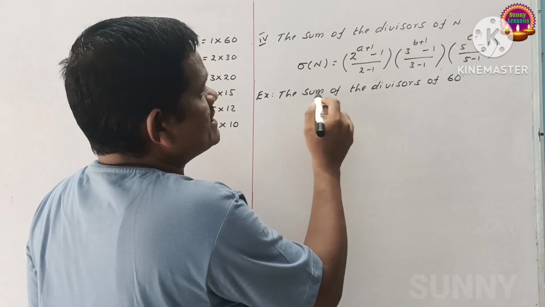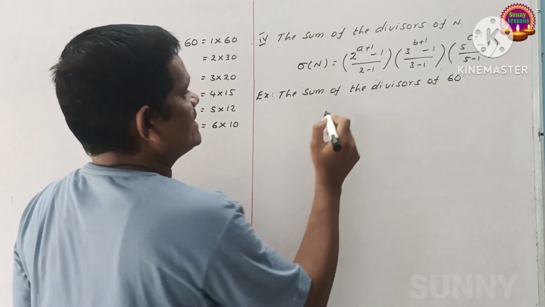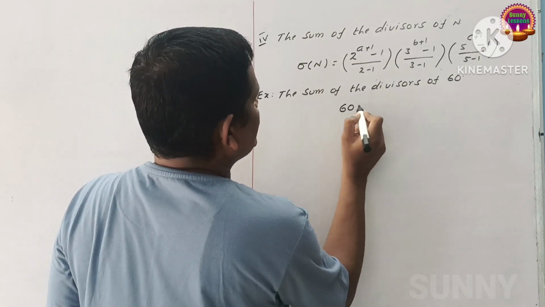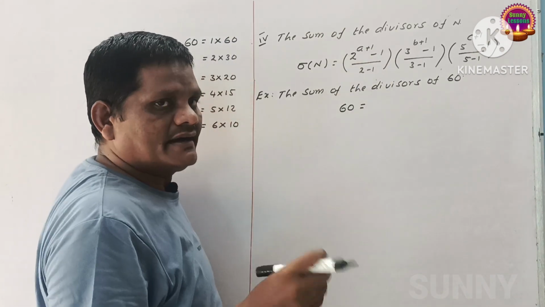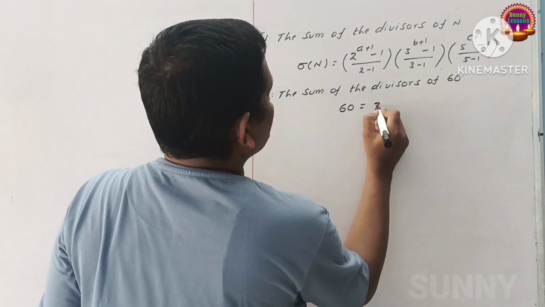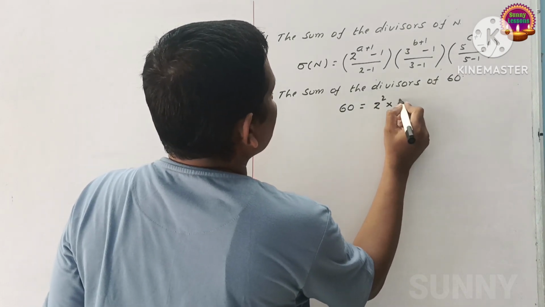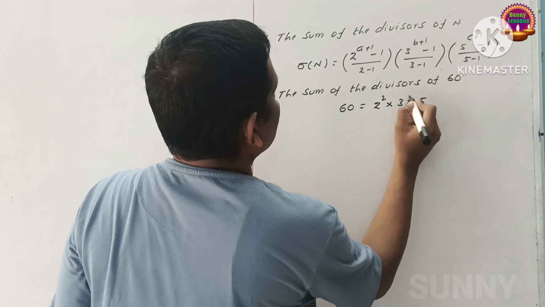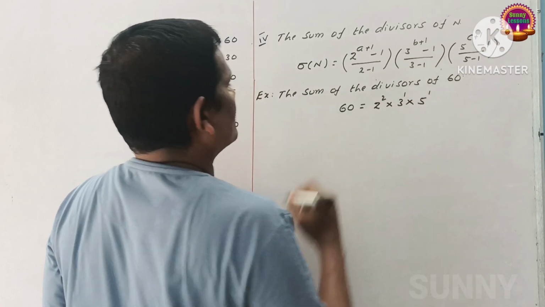We have to find the sum of the divisors of 60. Here 60 we can write as 2 square into 3 power 1 into 5 power 1.